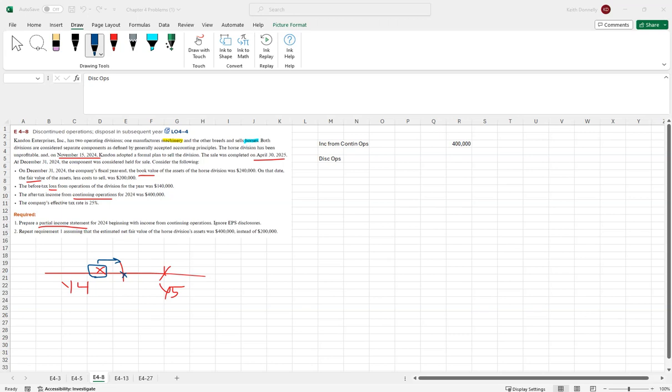And 2, we got to check, because we haven't sold it yet, we only sold it in year 5, was there any impairment? Is this too puffed up on our accounting records? Do we need to claw it down a little bit?